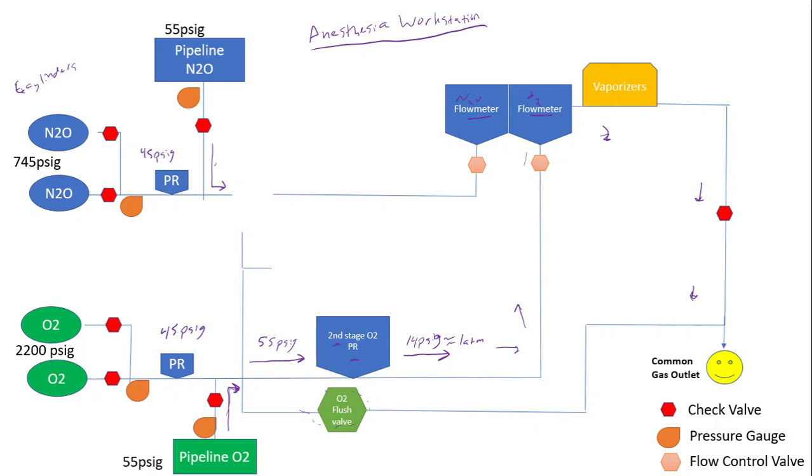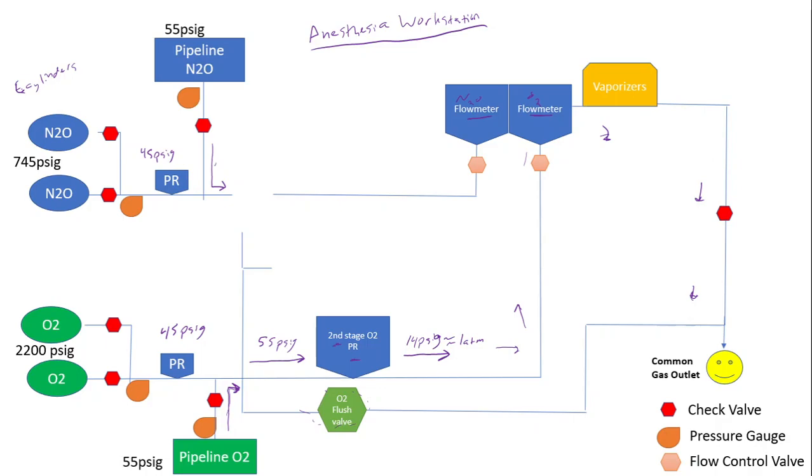So this flow from our oxygen flush valve enters the low pressure circuit. As you can see, it's bypassing our oxygen flow meter. So there's a specific flow of 35 to 75 liters per minute administered to the breathing circuit.